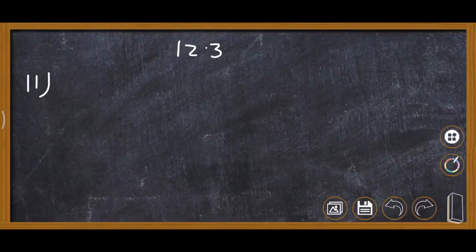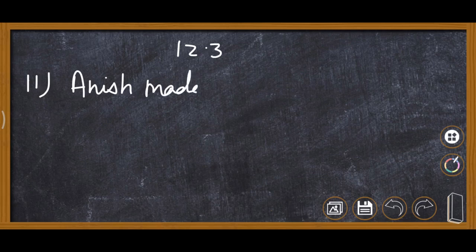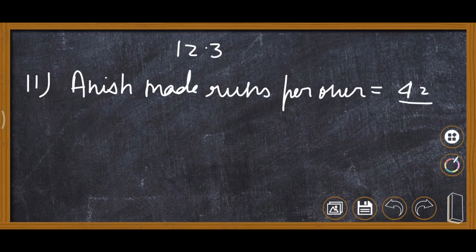Now this is question number 11. Anish made 42 runs in 6 overs. So here we will write Anish made runs per over. Per over means in 1 over. So here 42 upon 6 we are required to do. Then it is 7 runs.